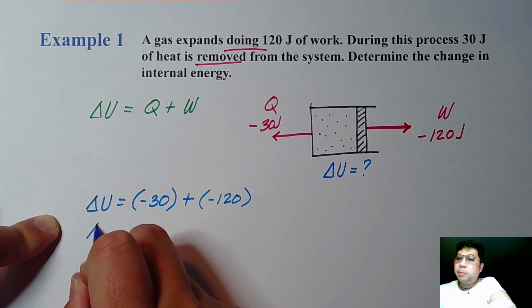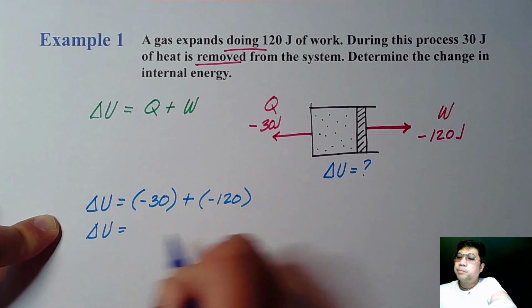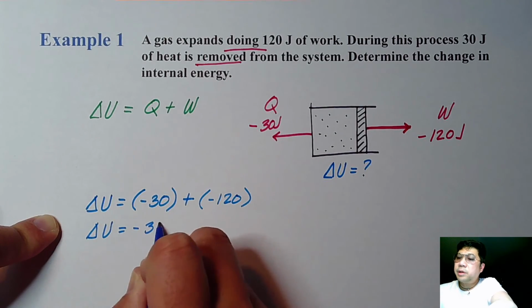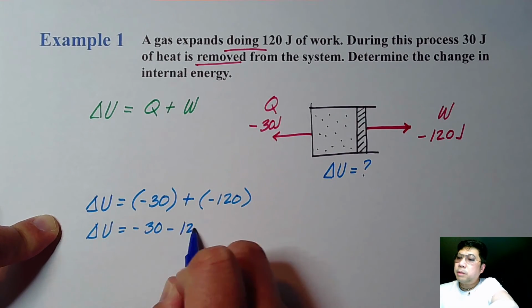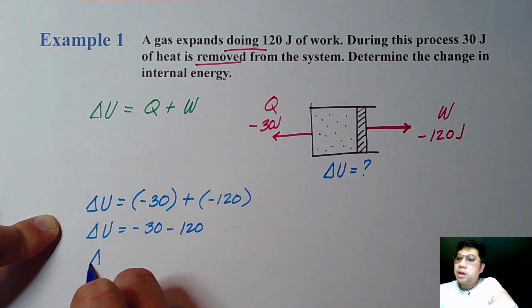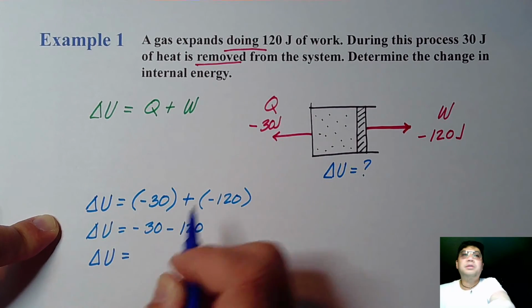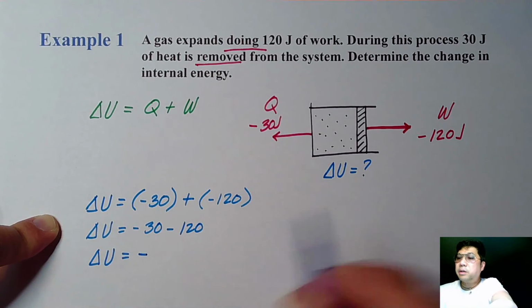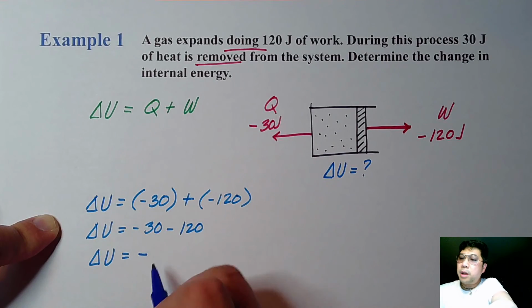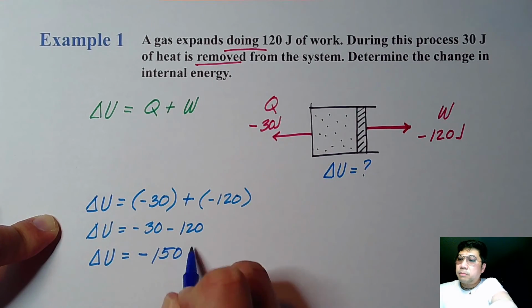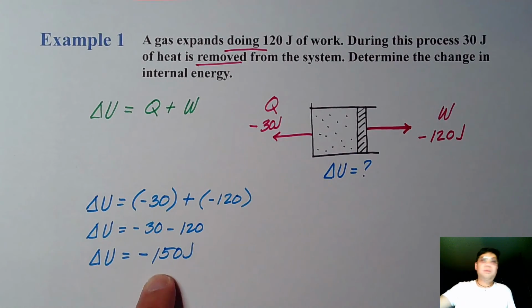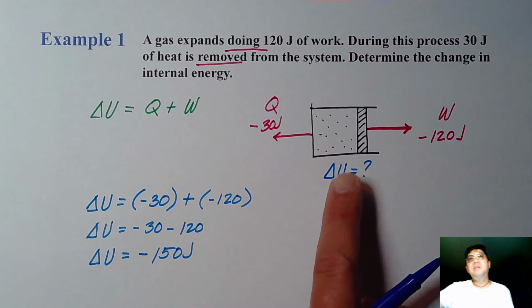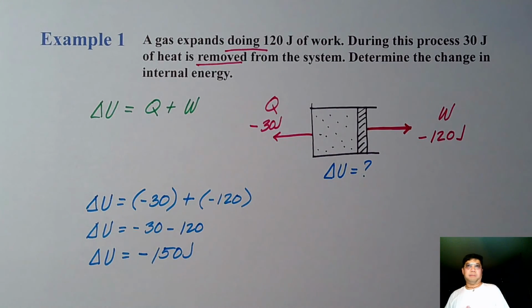By removing the parentheses, that will give us negative 30, negative 120, so the change in internal energy is equivalent to negative 150 joules. Since this is negative 150 joules, it means that there is a decrease in internal energy.